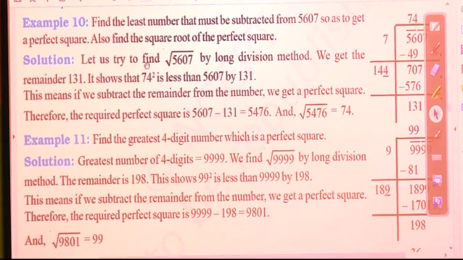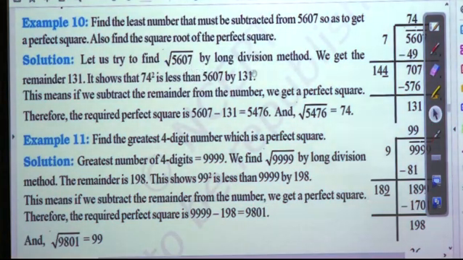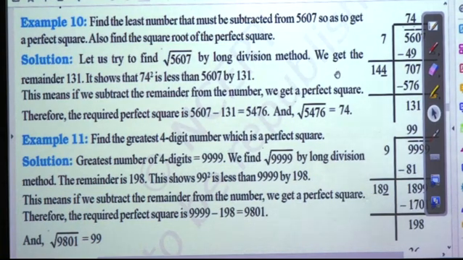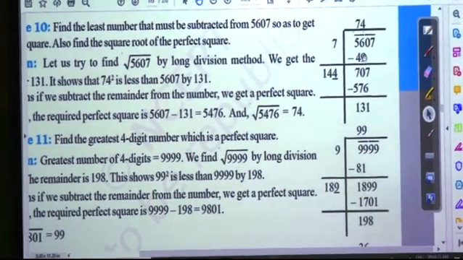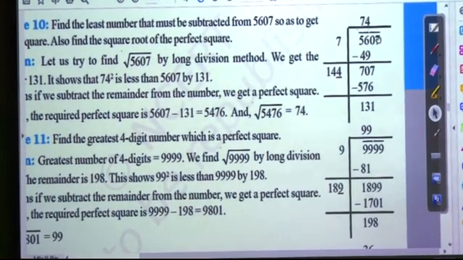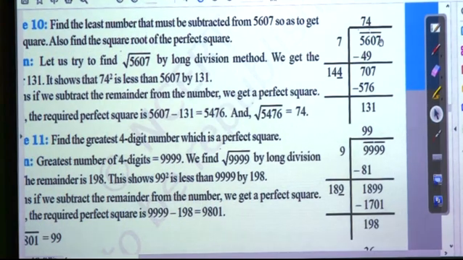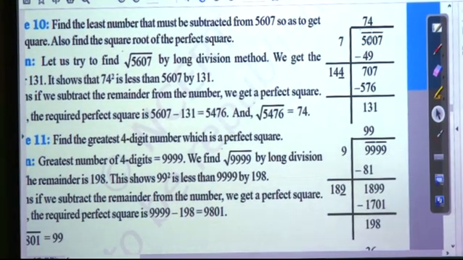Now let us try to find square root of 5607 by long division method. Now let us see how to do it by long division method. Here you can see it is made of two bars, two groups are present here. 07 is one group, 56 is one group.